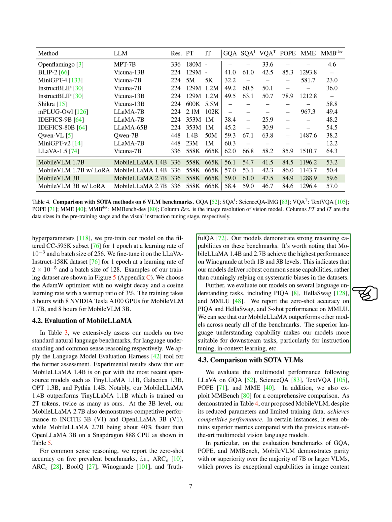This suggests that our models have robust common sense capabilities and do not rely on systematic biases in the datasets. We also evaluate our models on several language understanding tasks, including PIQA, HellaSwag, and MMLU. Our MobileLLaMA outperforms other models across nearly all of the benchmarks, making it more suitable for downstream tasks, such as instruction tuning and in-context learning.